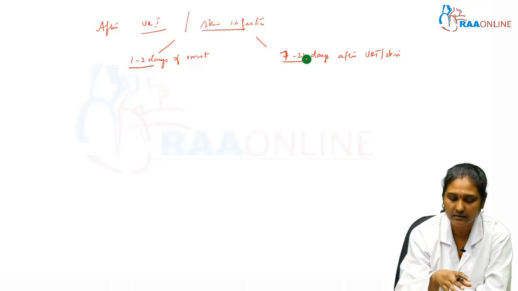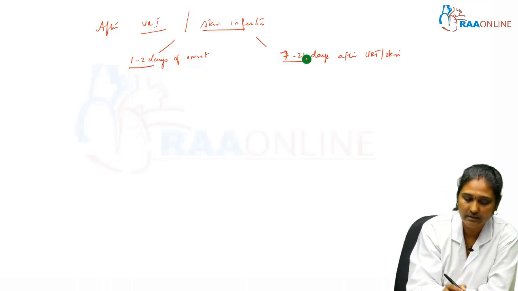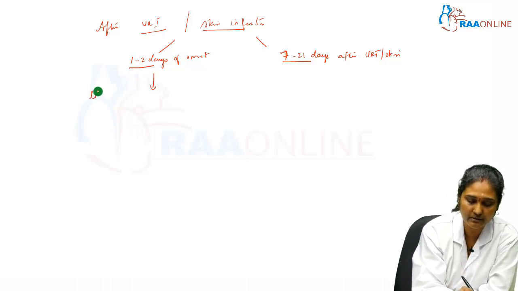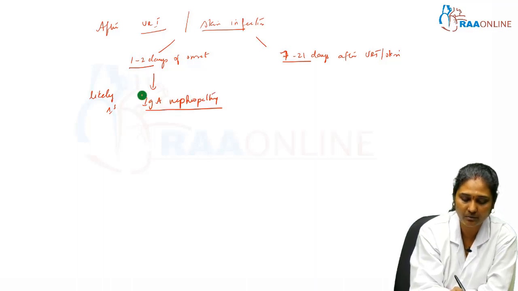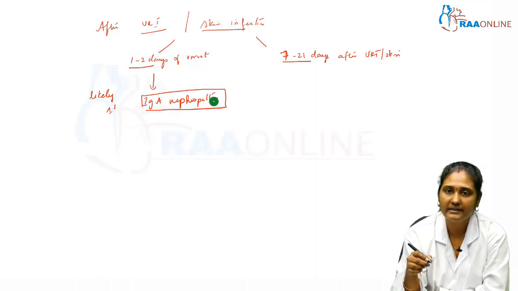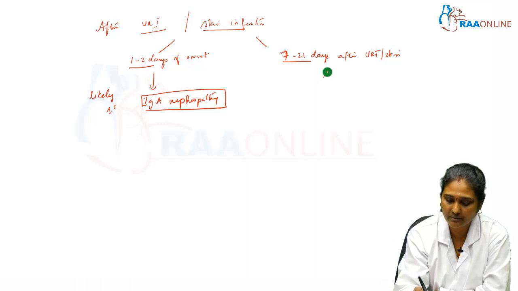When the hematuria follows a URI within 1 to 2 days of onset, the likely diagnosis will be IgA nephropathy. When it takes a little longer, a week to 3 weeks after a URI or skin infection, the most likely diagnosis is post-streptococcal glomerulonephritis.